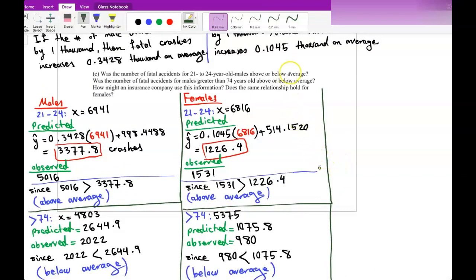Okay, so we answered the first two questions. Now, how might an insurance company use this information?